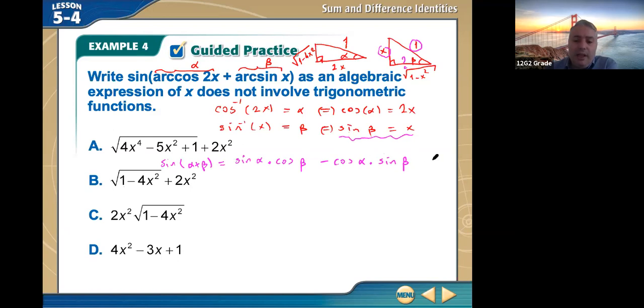Is this okay or not? Sin cos, cos sin. No, it's not okay. Why it's not okay? If this is plus, this must be also plus. Now this is okay. Am I right? What do you think? We are done. Why we are done? Look at now.